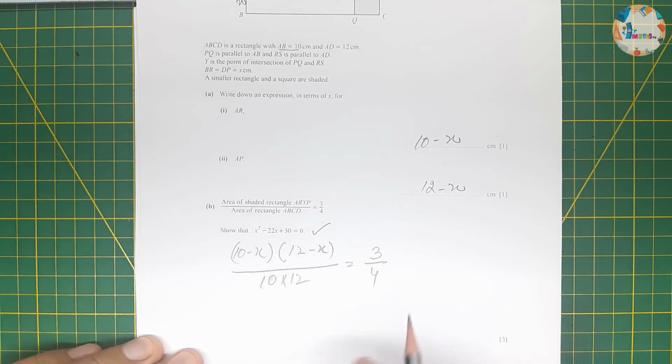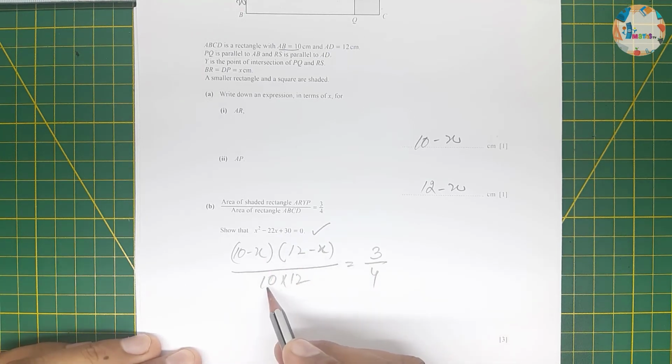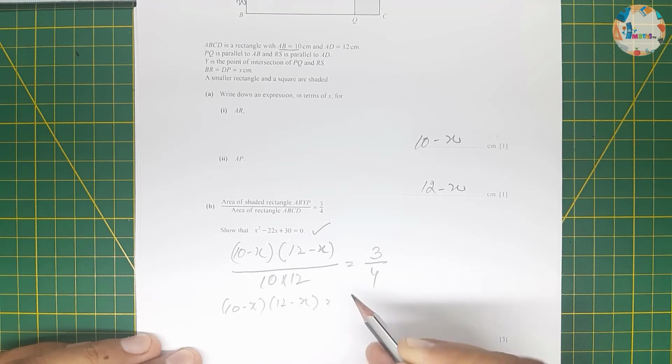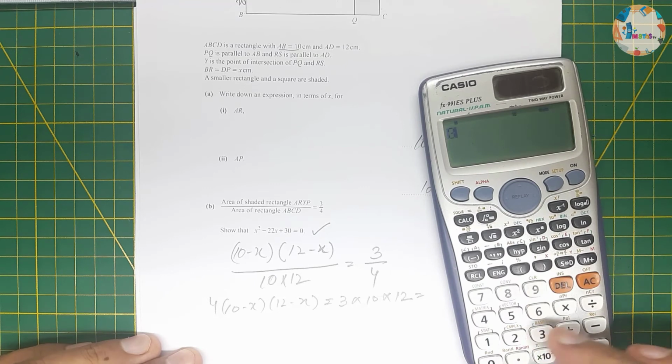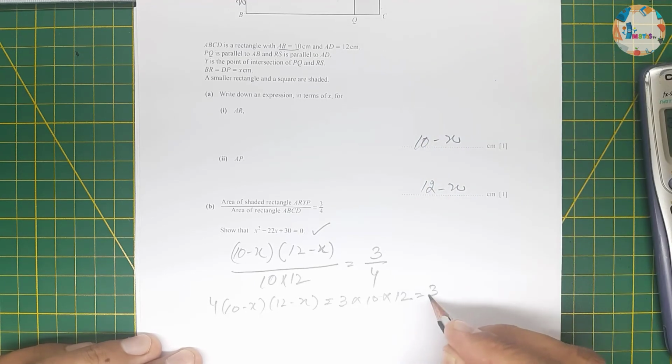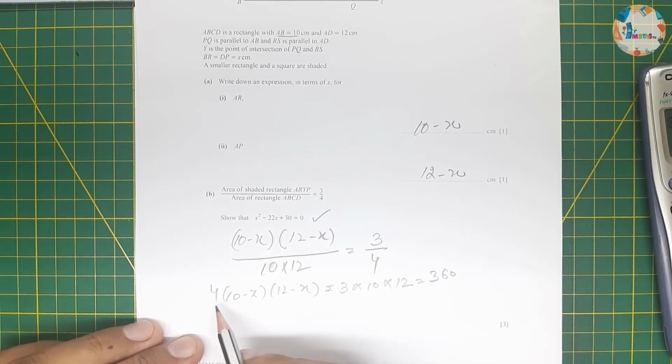So we can cross multiply. This will be 4 into (10 minus x) into (12 minus x) is equal to 3 into 10 into 12, which is 360. Now we can solve this.